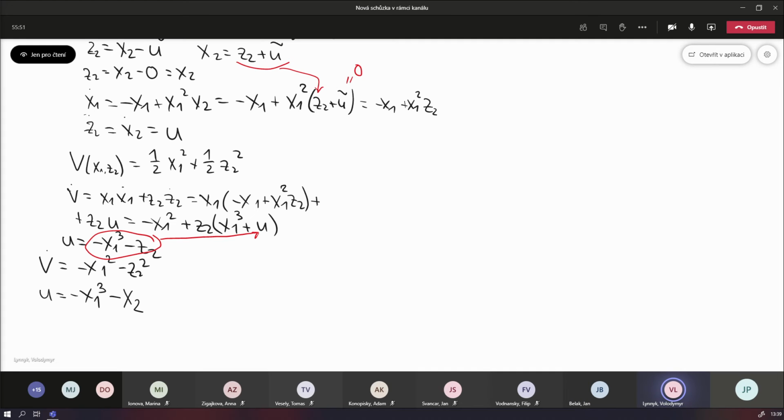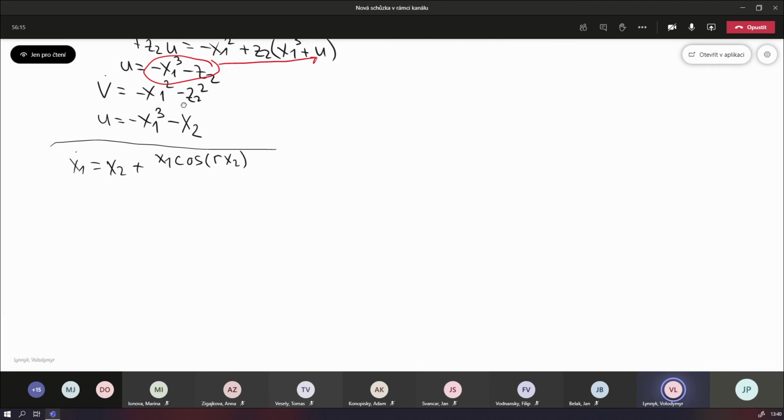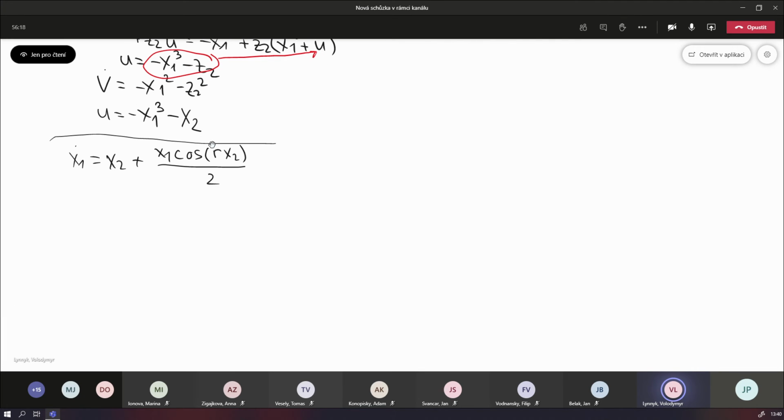The first example is x1 dot equals x2 plus x1 times cosine r x2 divided by 2, and x2 dot equals u.